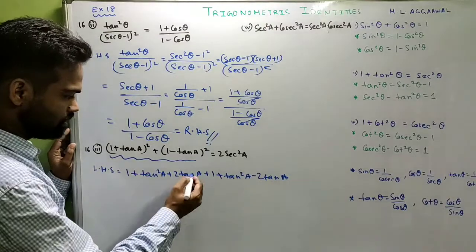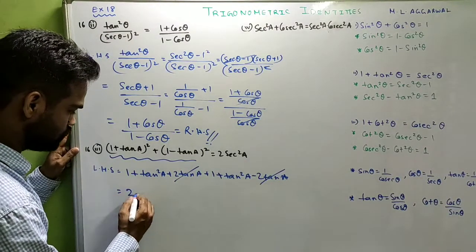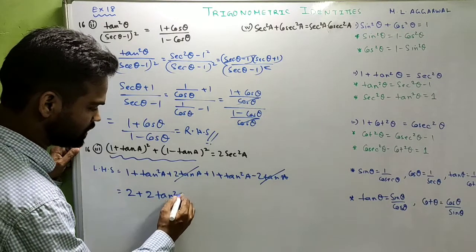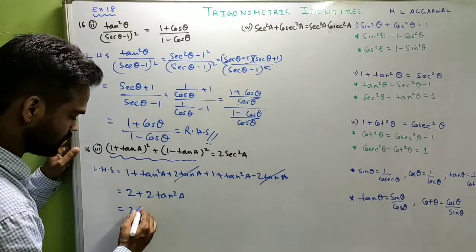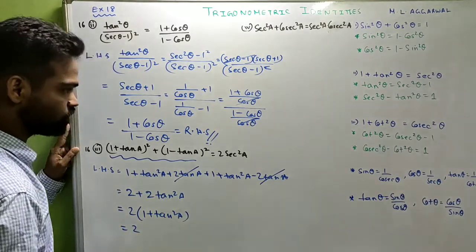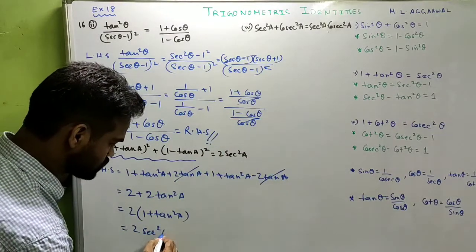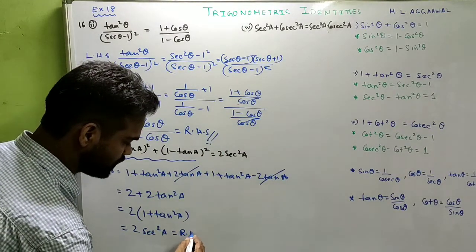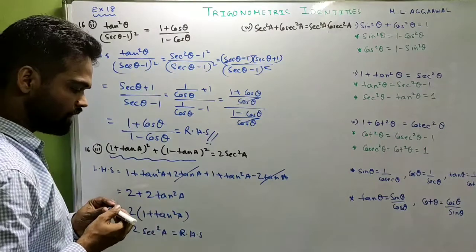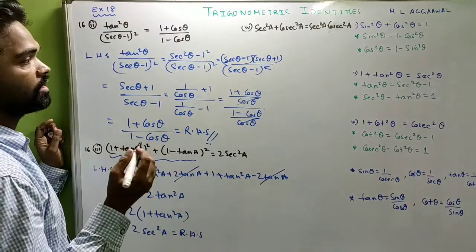Isn't it? 2 tan A cancels out. So what remains? 2 plus 2 tan square A remains, which is nothing but 2 taking common, 1 plus tan square A, and 1 plus tan square A is nothing but sec square A. So that's 2 sec square A. That is equal to my RHS. Proved. Done. Now let us look at sum number 16 part 4.